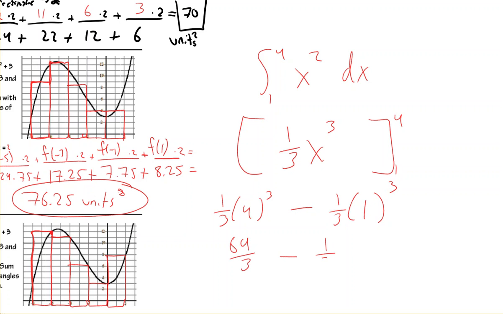This would be 1/3. So 63 thirds. What is 63 thirds reduced to? 21. So through integration, we'll be able to get the exact answer like this.